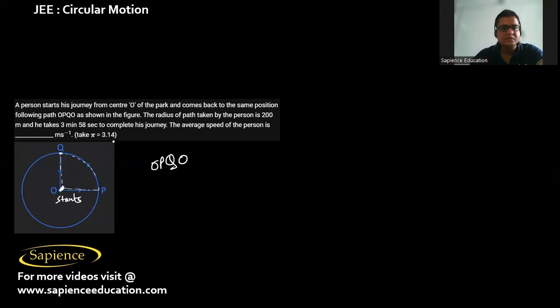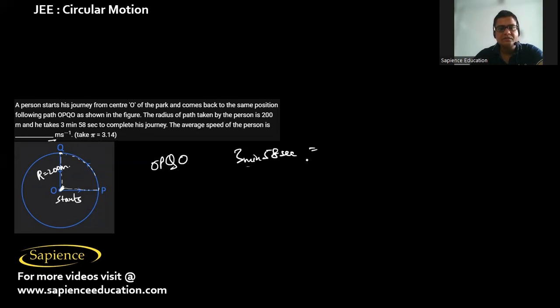The radius of the path taken by the person is 200 meters, and he takes 3 minutes 58 seconds to complete his journey. Then the average speed of the person is, so we have to find the average speed in meter per second.